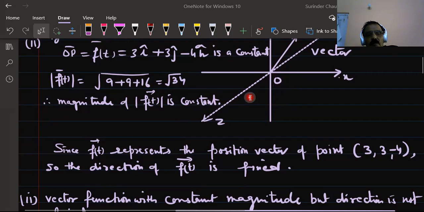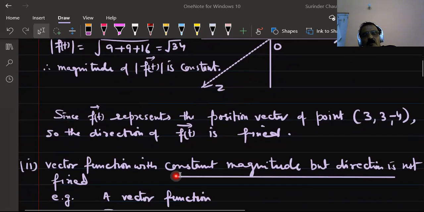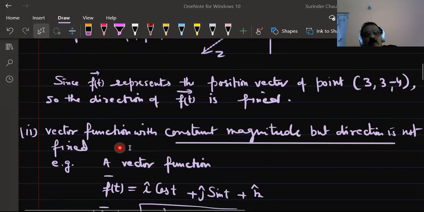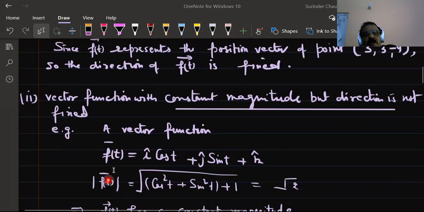Now, another type of vector function has constant magnitude but the direction is not constant. Let us take F(t) vector equal to i cos t plus j sin t plus k. The magnitude of this vector is the square root of cos squared t plus sin squared t plus 1, which is the square root of 2.